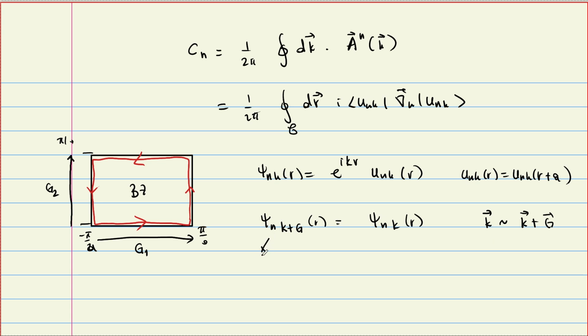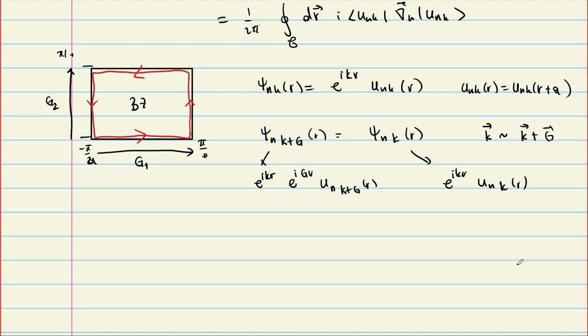So if you put this in, this is e^{ik·r}, so this is e^{ig·r}, right? I split k and g to write it separately. This is u_{n,k+g} of r. So this piece is e^{ik·r} u_nk of r, and that tells me u_{n,k+g} of r is equal to e^{-ig·r} u_nk of r.